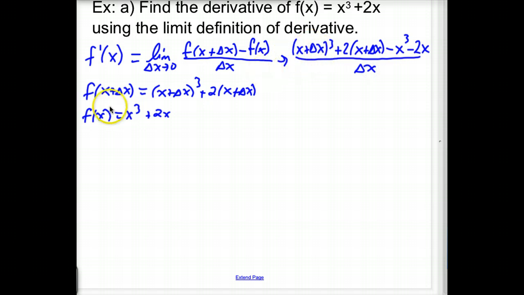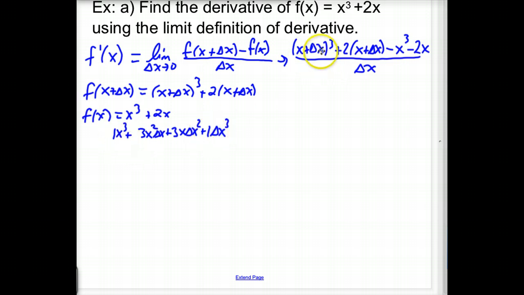Now I have to cube that out. I'm going to use Pascal's triangle, the third row, to get my coefficients. So x cubed plus 3x squared delta x plus 3x delta x squared plus 1 delta x cubed.